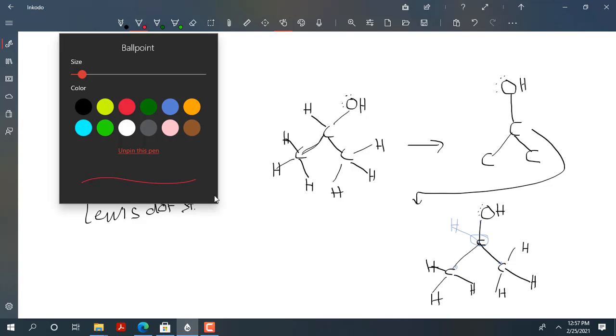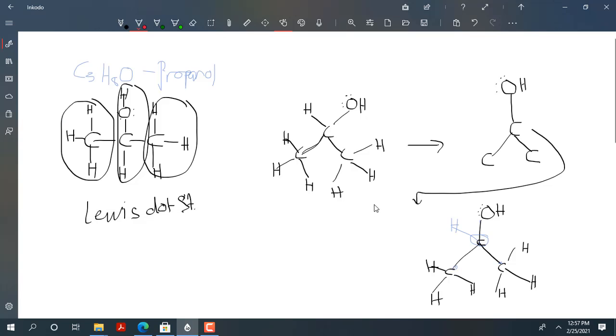So basically this would be similar to this. What I'm discussing today is the bond line structure. In the previous meeting we tackled a lot. First, we did the Lewis dot structure.